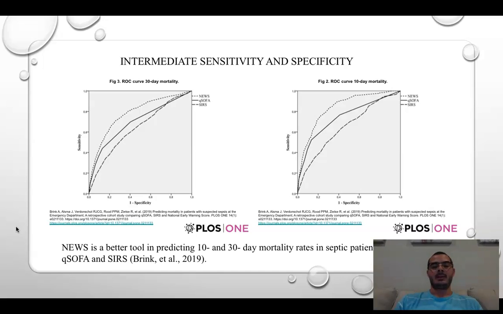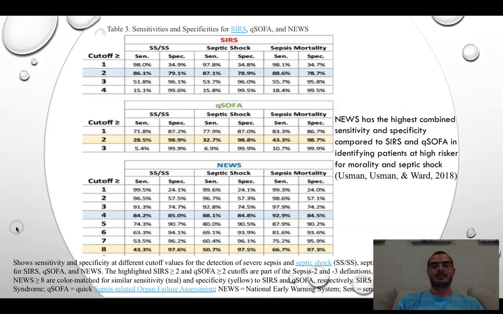In NEWS, you'll see that between a score of 4 and 8, there is a high sensitivity and specificity, so you know that you are treating the right condition and that the patient is also at risk for death.